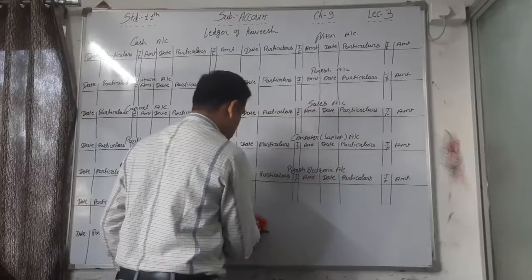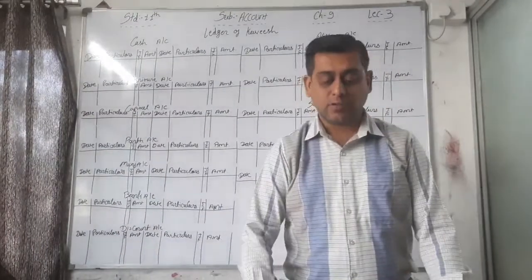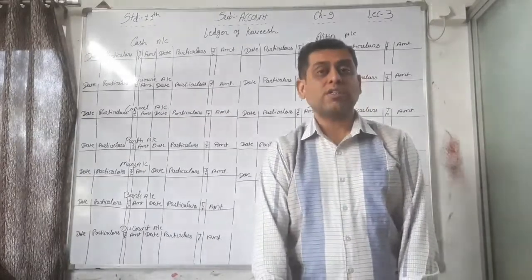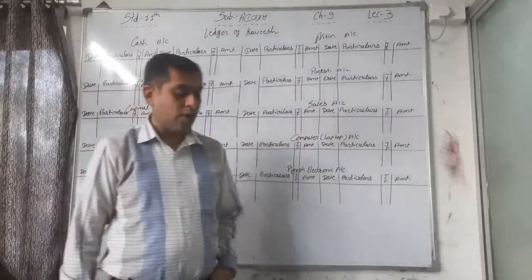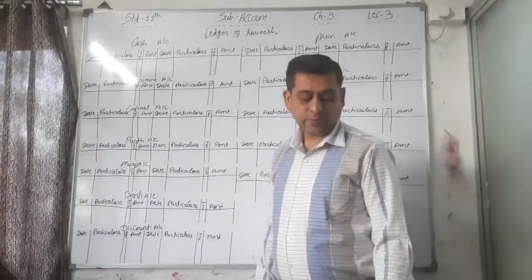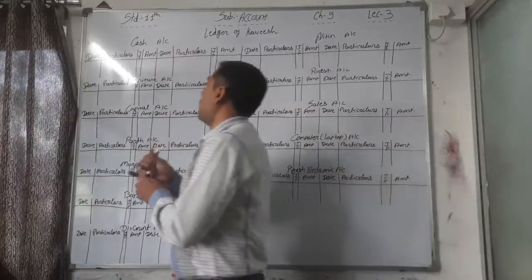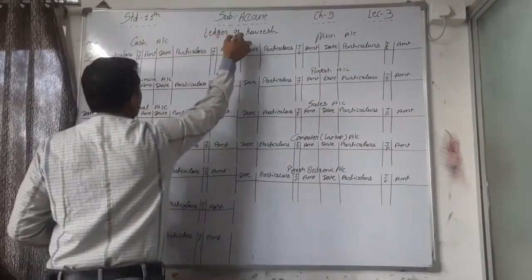So all the accounts we prepared, I hope you also complete that in your exercise, in your example book. Now just make a posting from your journal entries. Please make a posting first. What is that? Brought cash. So cash account debit. So here first of all, cash account. We have to write down in all the accounts debit and credit compulsory.